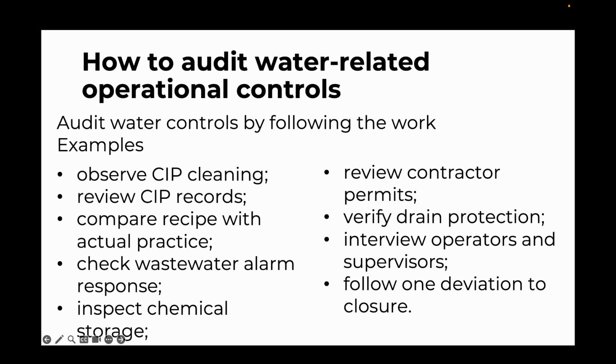This creates a much stronger audit than simply reading the procedure. The auditor is not only checking the existence of a control, the auditor is checking whether the control works.